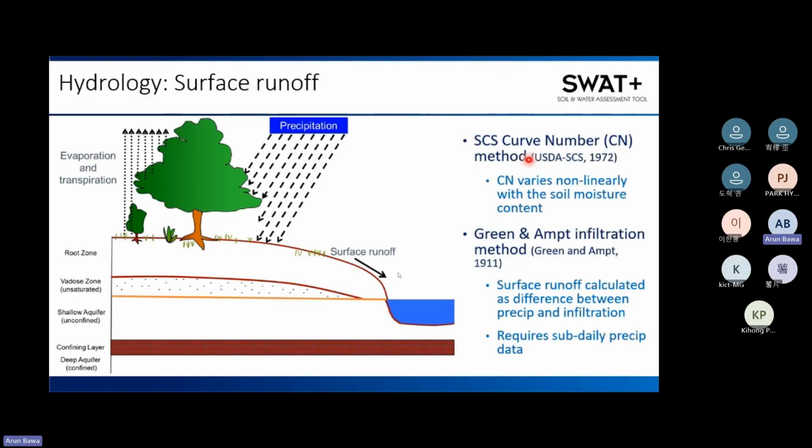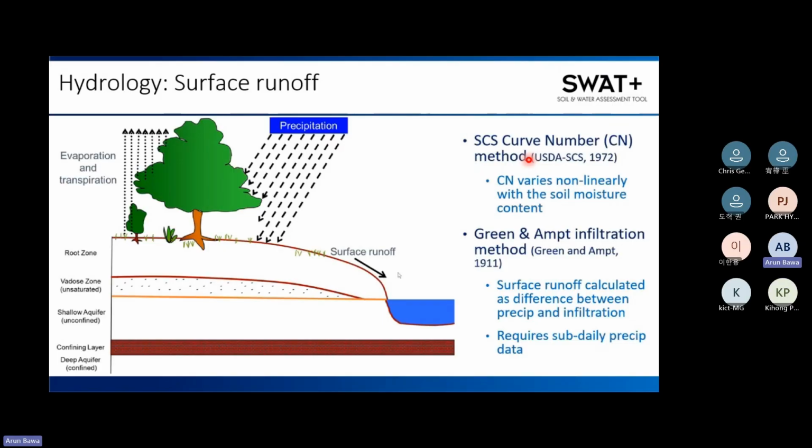So urban land would have a higher curve number than agricultural land. And then among the agricultural land, what are the soil conditions? If your soil is more clay soil, it can hold more water, so it has a different curve number than a sandy soil, which can hold less water, right?